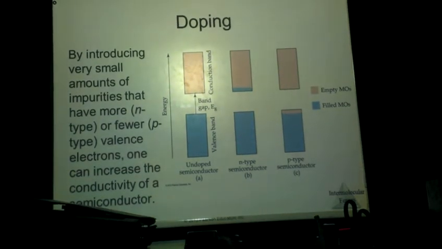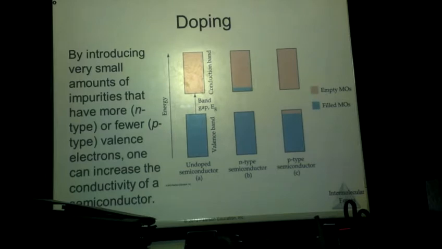In an undoped semiconductor, we're going to see that I have a filled molecular orbital and an empty conduction band, so an empty anti-bonding molecular orbital. If I talk about the N-type semiconductor, really what's different between N-type and P-type? Well, an N-type semiconductor adds extra electrons, so we force extra electrons to occupy our conduction band.